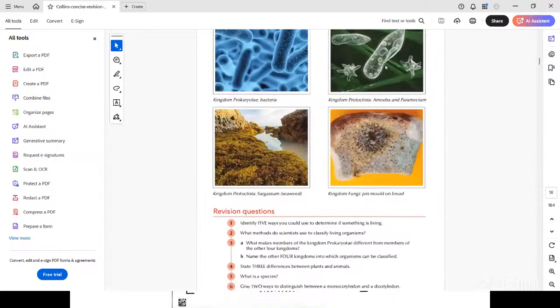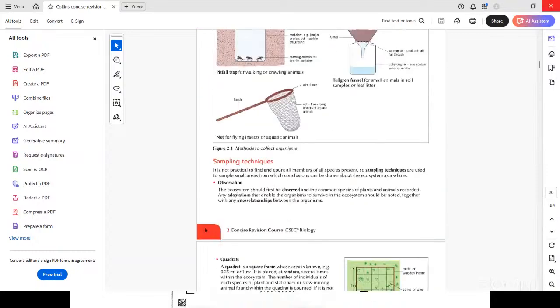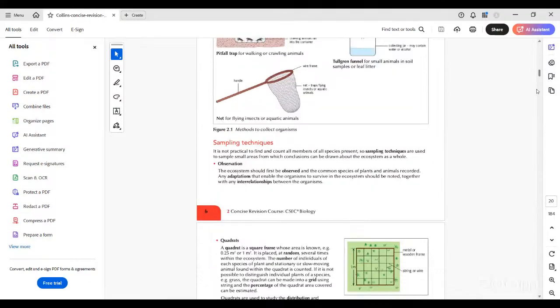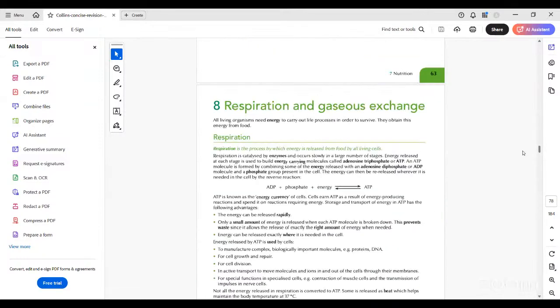I'm seeing aerobic respiration, oxygen plus glucose to form energy and carbon dioxide. Okay. Do we know the formula of aerobic respiration?